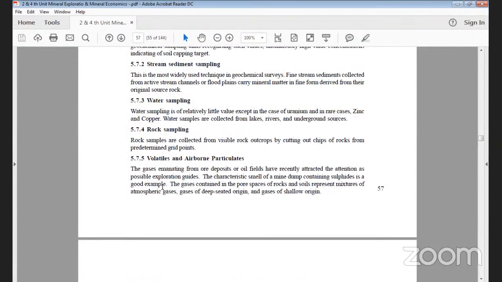Water samples will also be collected, and they play a very important role in studying trace values of uranium, zinc and copper. Rock sampling: rock samples are collected from visible rock outcrops by cutting chips of the rocks from predetermined grid patterns.